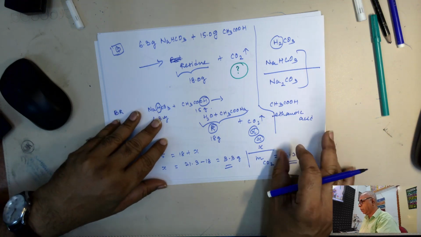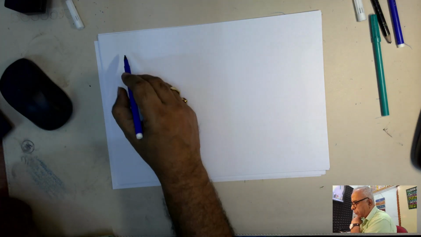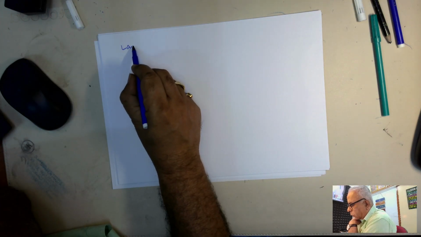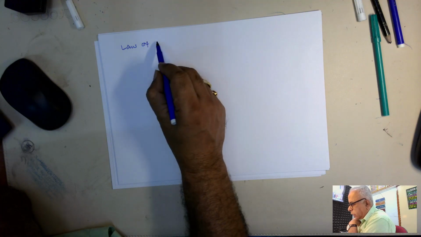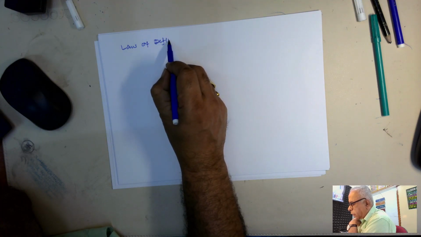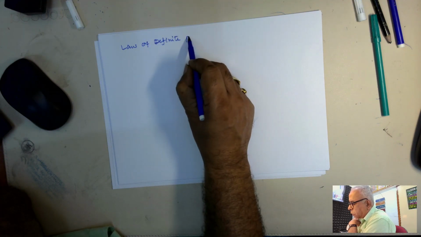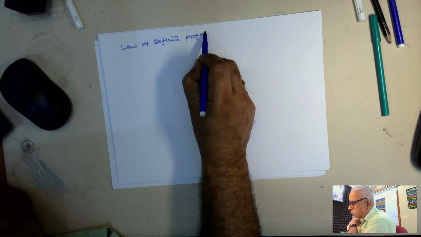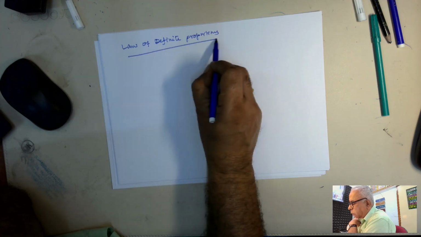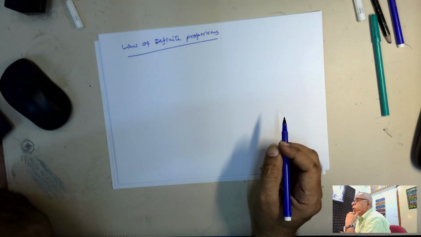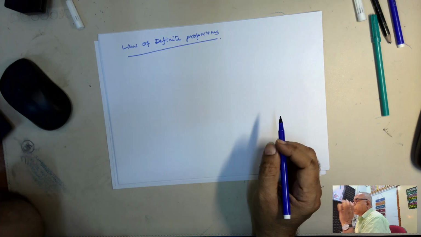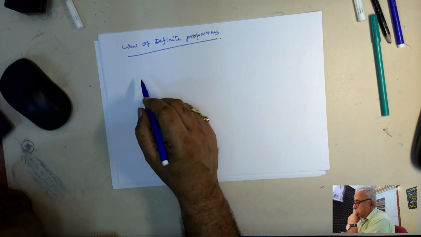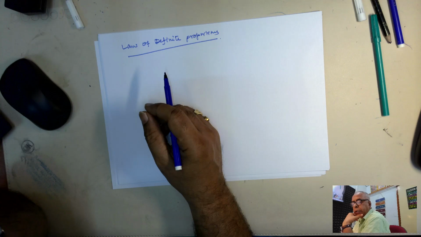Right. Now let us talk about the law of definite proportions. This was given by Joseph Proust in 1799.